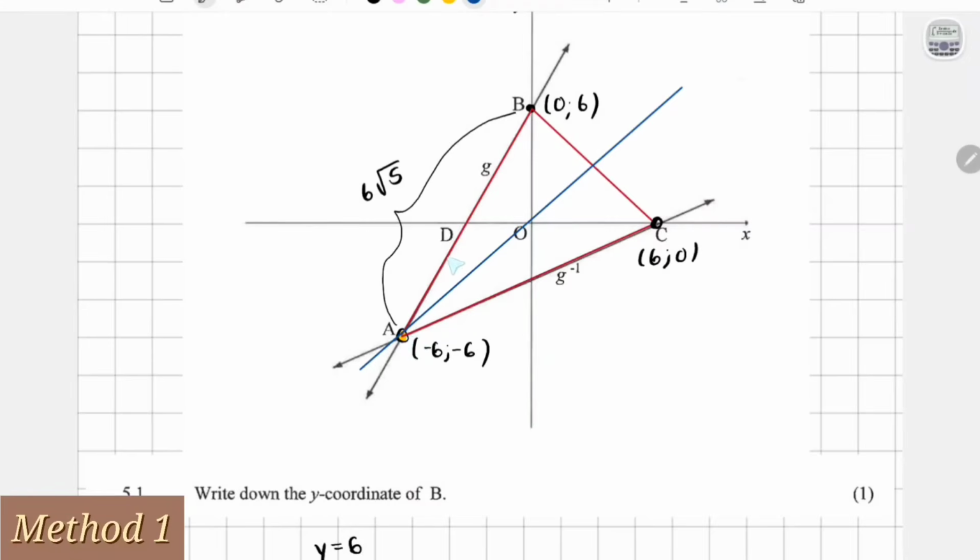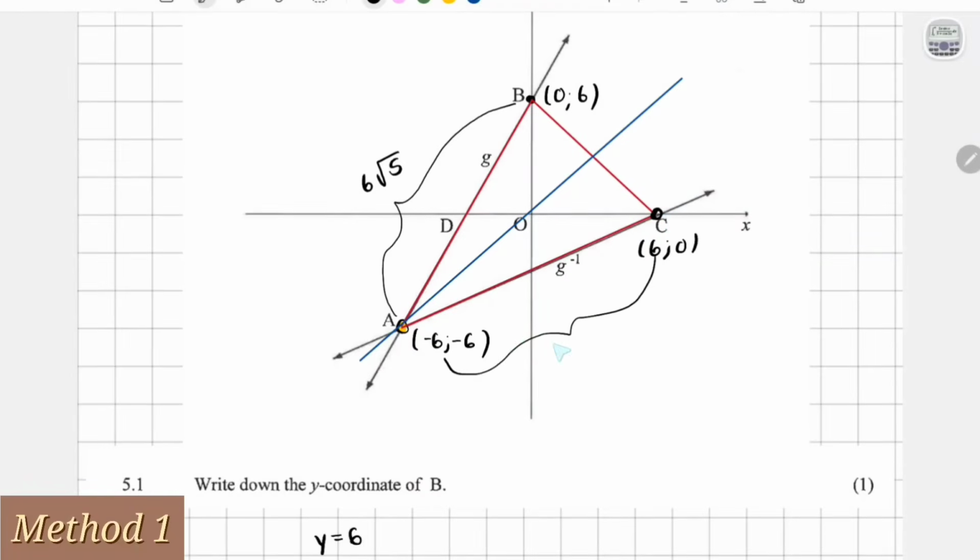But for example, if we get to B, right, whatever this line is doing from A to B is exactly what this line is going to do from A to C, since that is the inverse of this point over here. Meaning these two lengths, AB and AC, they're going to be exactly the same. Okay, and really this is because if you wanted to go ahead and find the length of this line, you will notice that you have AC, right?